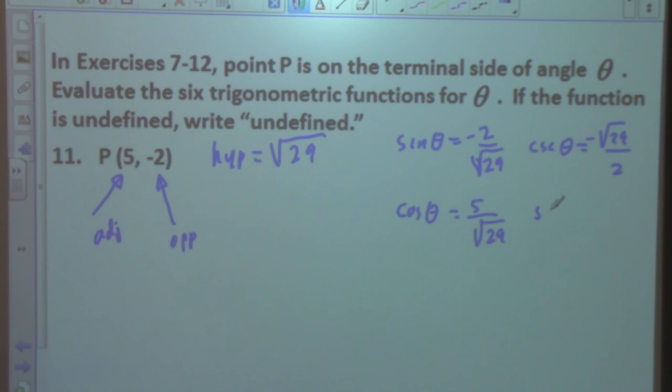Secant theta is square root of 29 over 5. That's supposed to be square root of 29 right there. Tangent theta is -2 over 5. Cotangent theta is 5 over -2.